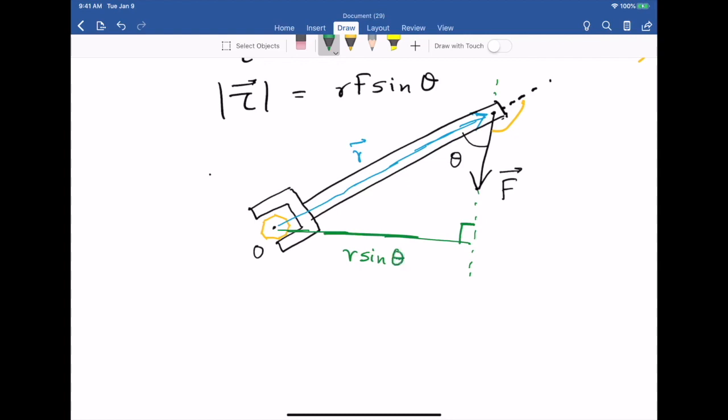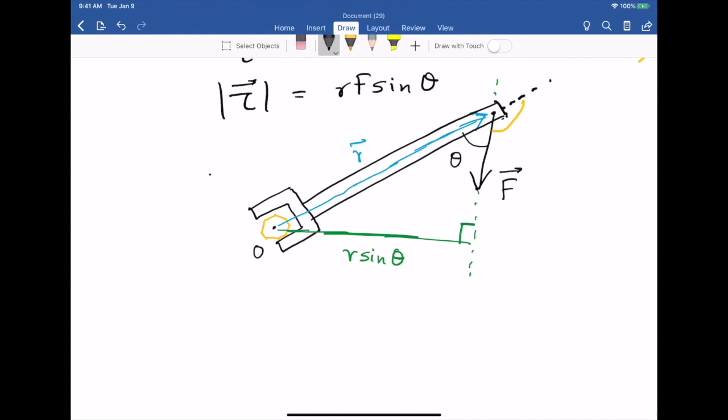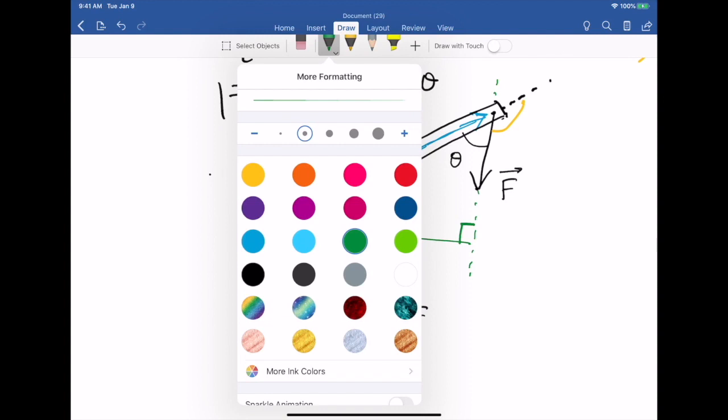right? So the torque can be written as, the torque was R F sine theta. So the torque is simply r sine theta multiplied by F. It doesn't matter what order I multiply them in. And you can see that r sine theta is my green line that I just drew, right? There is a name for this particular length.